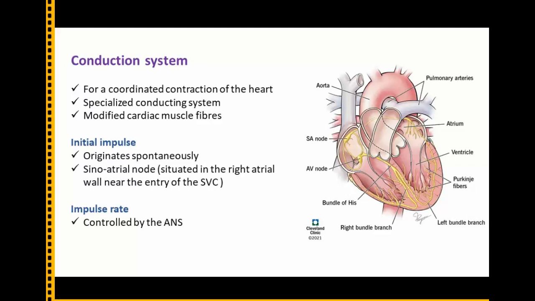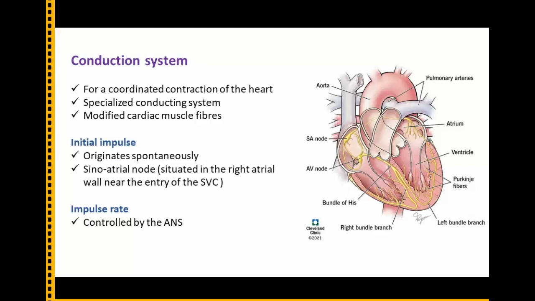Now the conduction system. We have discussed that it is made of highly specifically modified cardiac muscle cells. They coordinate the contraction of the heart. The cardiac impulses originate spontaneously at the sinoatrial node.